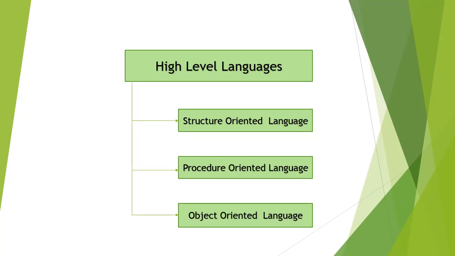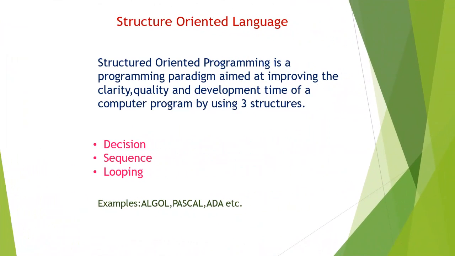Here we have the categories of high-level languages. The first one is structure-oriented language, the second one is procedure-oriented language, and the third one is object-oriented language. First, we will see in detail about structure-oriented language. What is a structure-oriented language?